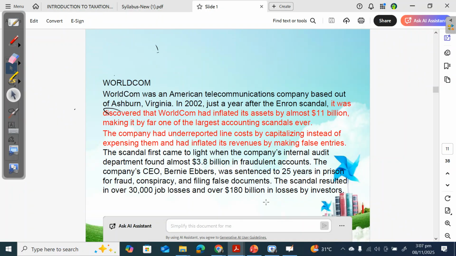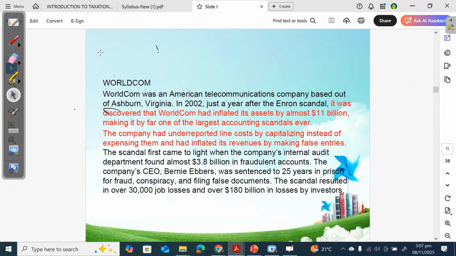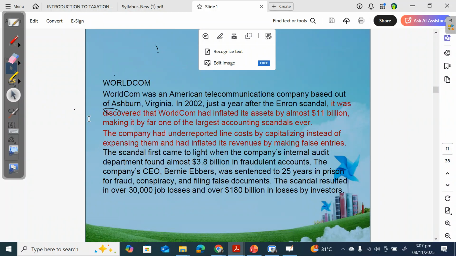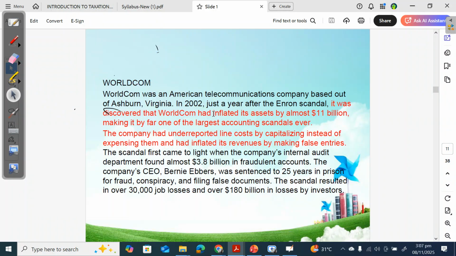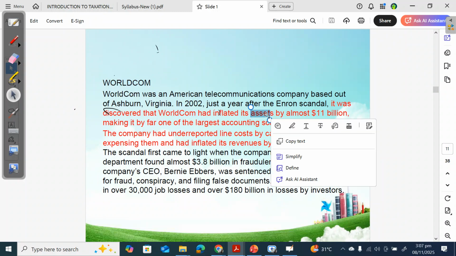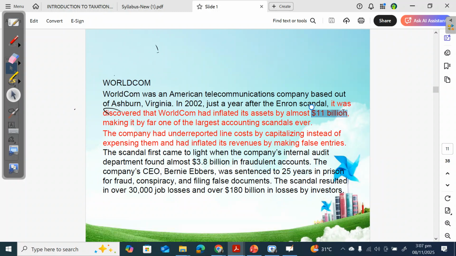Okay, there's also another case, involving a company called WorldCom. They were inflating their assets. They inflated their assets by 11 billion. And they were also capitalizing expenses.